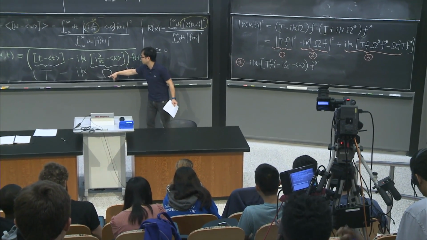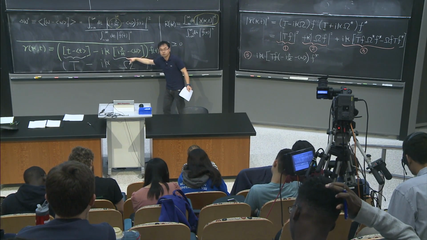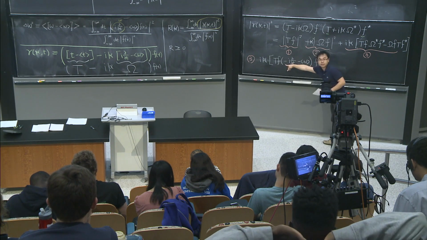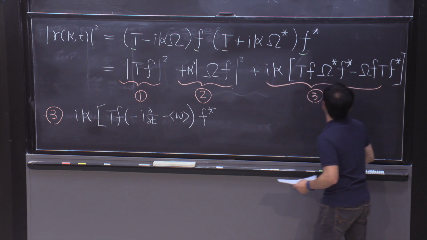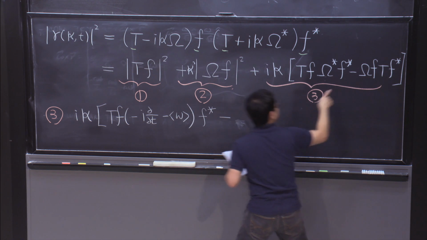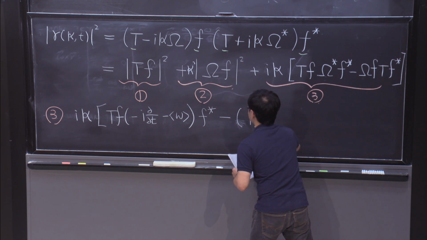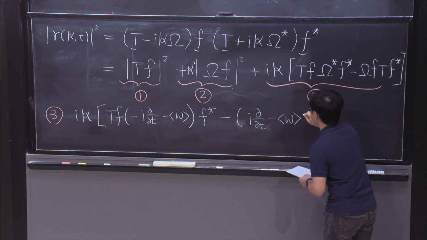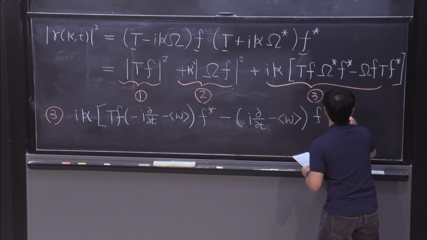Since I'm writing omega star, you get the minus I partial T minus average omega out of it. That's why here you have this expression, and then multiplied by F, which is the original expression. Minus, I also write capital omega explicitly, I partial T minus average omega, F T F star.